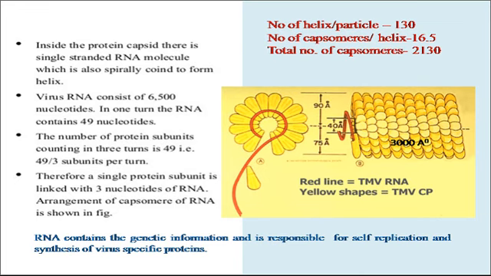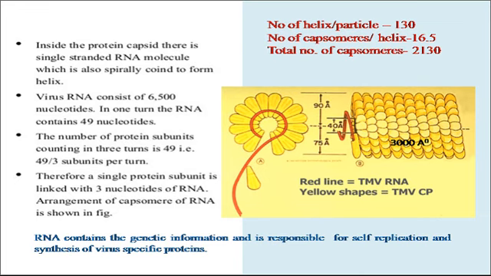In this picture you can see the capsomeres, or the small subunits of protein, spirally arranged around the coil of single stranded RNA, and it gives the TMV a rod shape or cigarette-like appearance of 300 nanometer length.